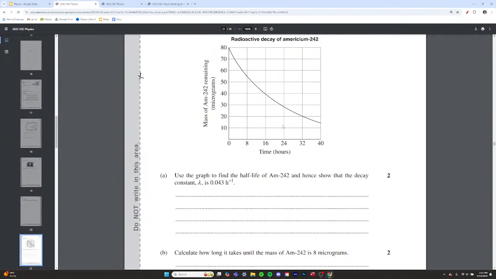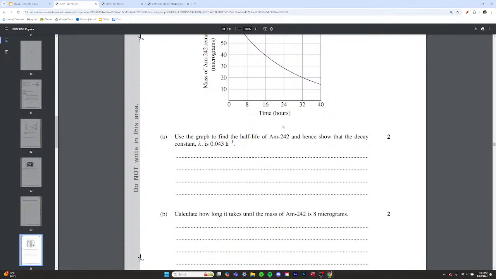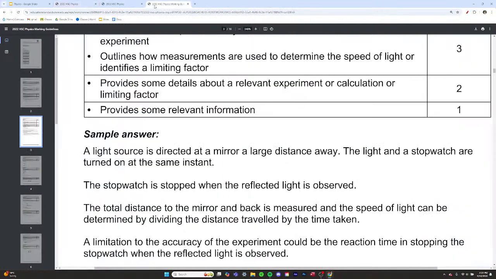Alright, well, if it's 3 half-lives, how do I do it?